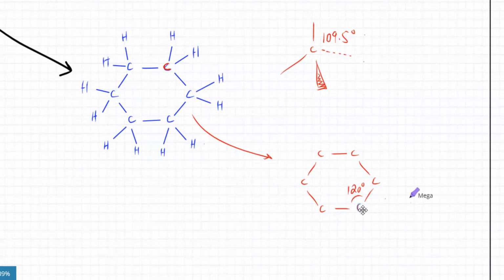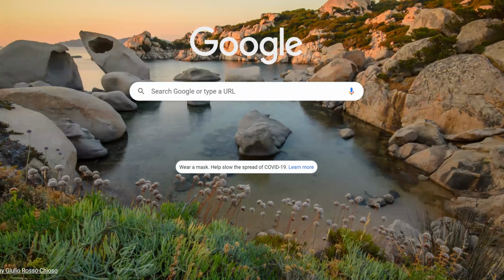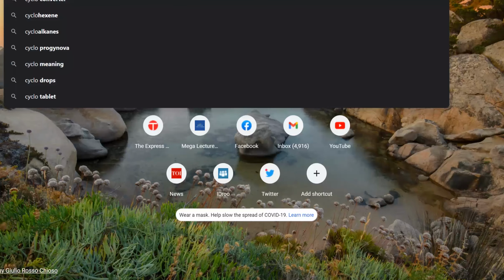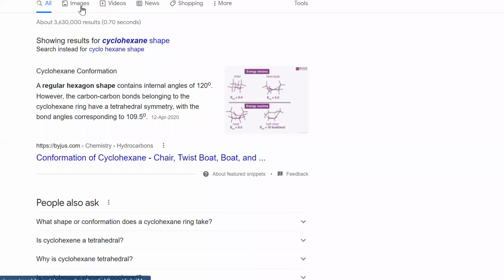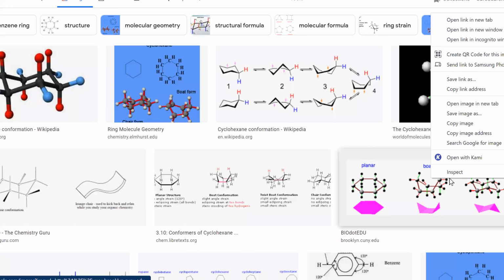And the only way it could be 109.5 is if this has a 3-dimensional shape. I'll show you the shape of a cyclohexane, and I think this gives you a very good idea.